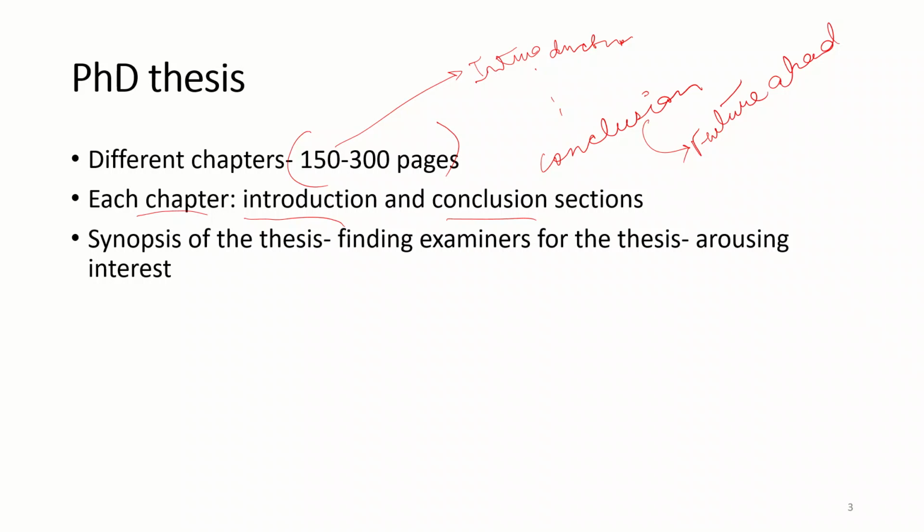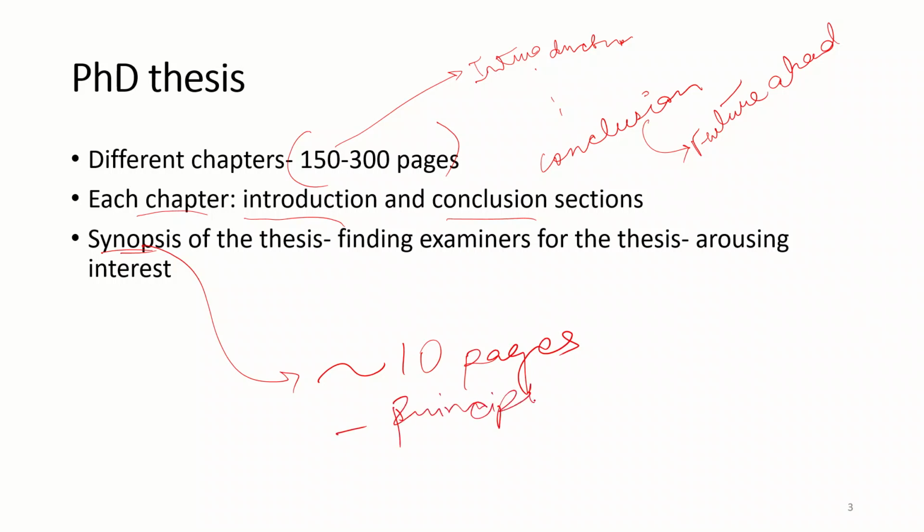We also have one element, the synopsis, in the PhD, which is a document of less than 10 pages, and which essentially has the principal data, and it is essential for finding examiners for the thesis.